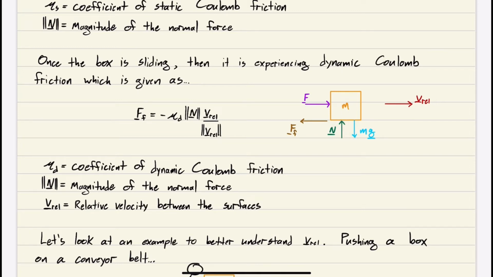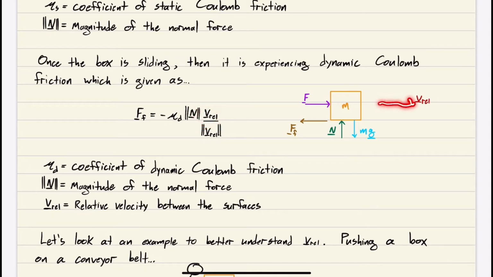What is this equation saying? Let's look at this part right here first. We're going to talk about what v_rel means, but for now, know that the box is moving to the right, so the velocity is to the right. We already learned this quite a few times: if you take a vector and divide it by its own magnitude, that creates a unit vector parallel to the vector you're working with.